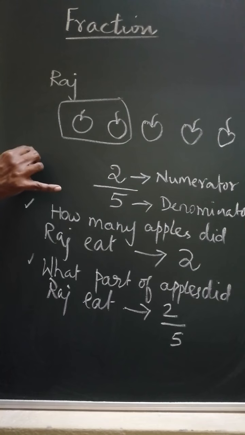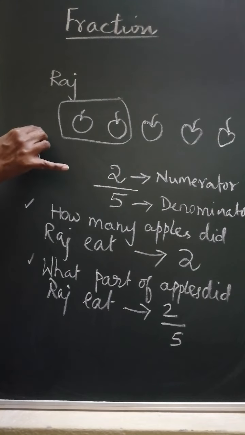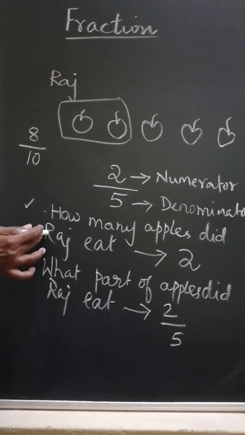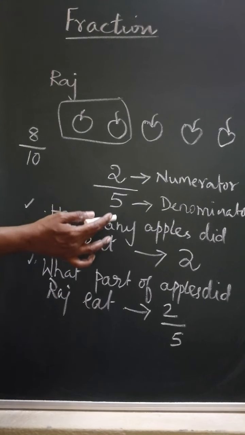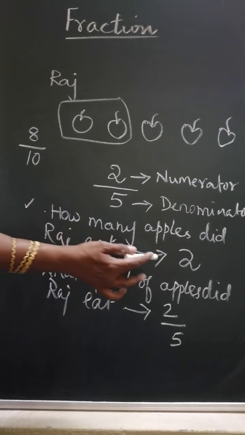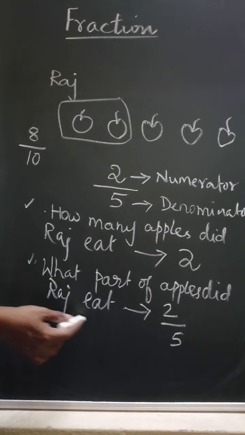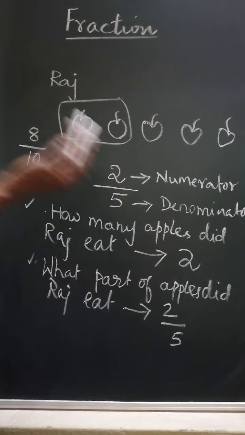Out of 10 marks, if a student gets 8, this 8 represents the marks he scored out of the total, that is 10 marks. So this 8 is the numerator, 10 is the denominator. This is what a fraction means. How many means the number he ate. Here, what part means out of 5 he ate 2.